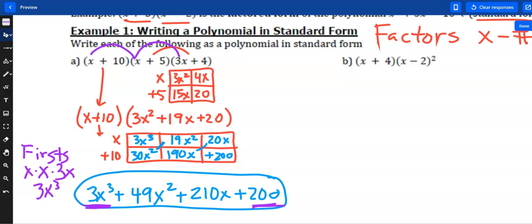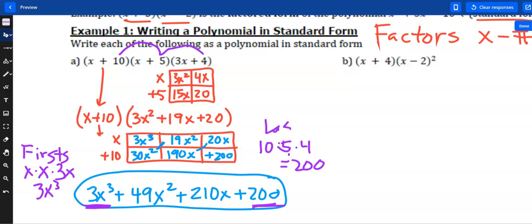Now, how can I do a similar strategy to find the very last term? Well, 10 times 5 times 4. So what is 10 times 5 times 4? Well, 10 times 5 times 4, that's 200. So that's the lasts.